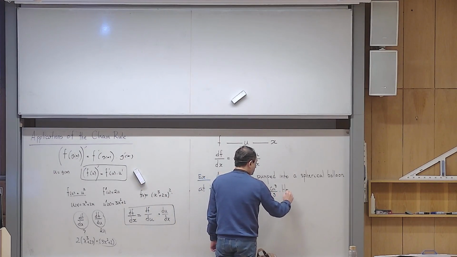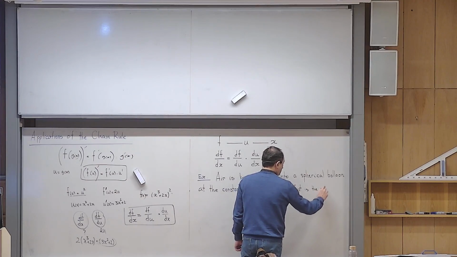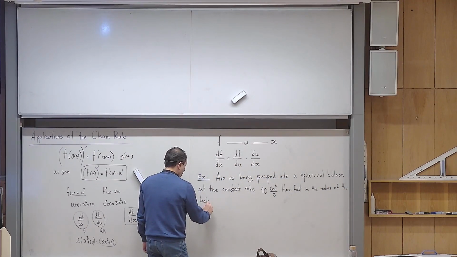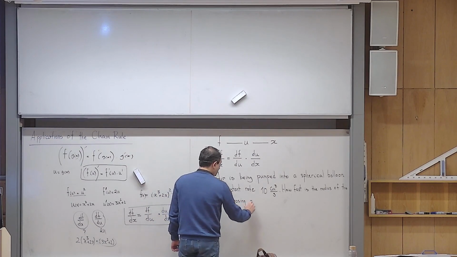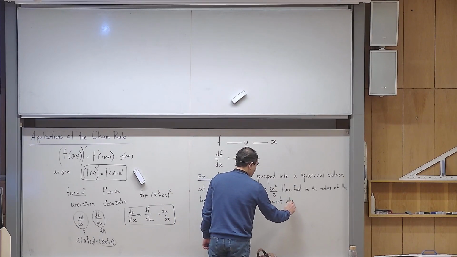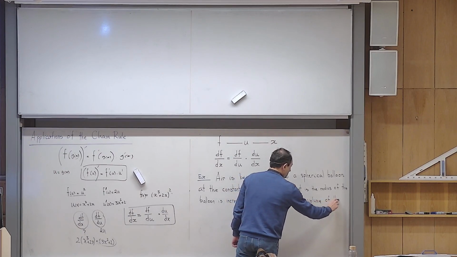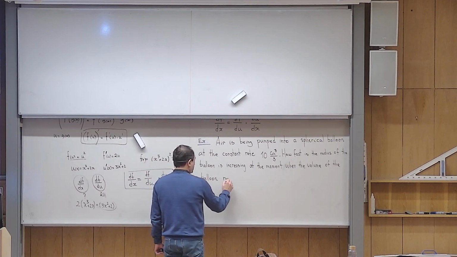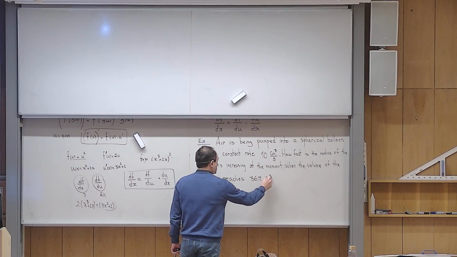The question is, how fast is the radius of the balloon increasing at the moment when the volume of the balloon reaches 36 pi cubic centimeters.